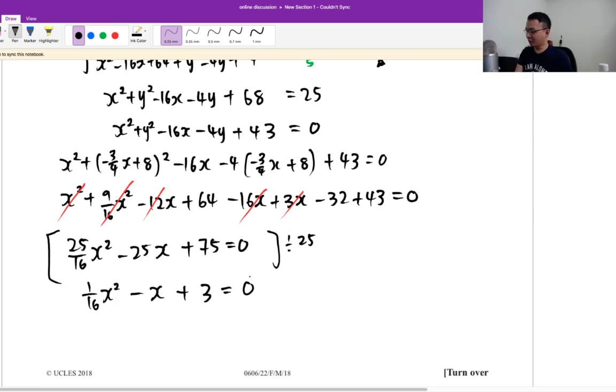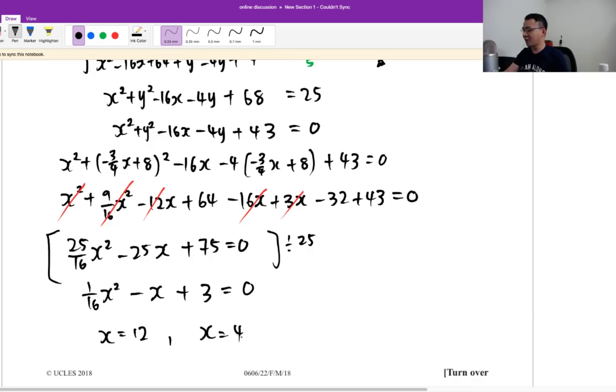And then I'm trying to factorize this one. I hope I can. 1 over 16, negative 1, positive 3. Yep, so I will get my x equals 12 or my x equals 4.